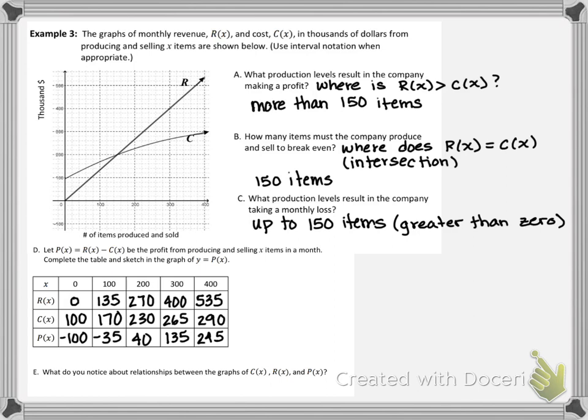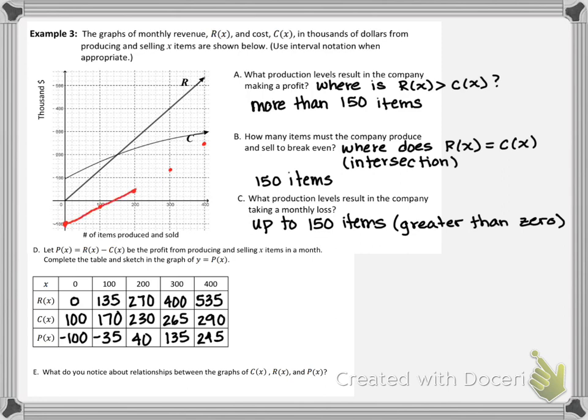So, negative 100 is down here, negative 35 is about right here, 40 is right here, 135 is right here, and 245, 45 is right around there.